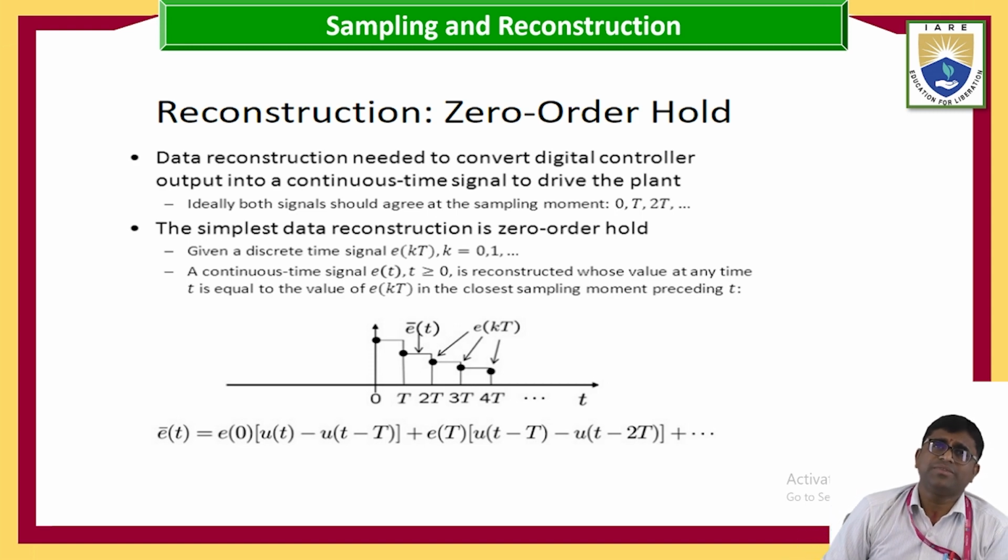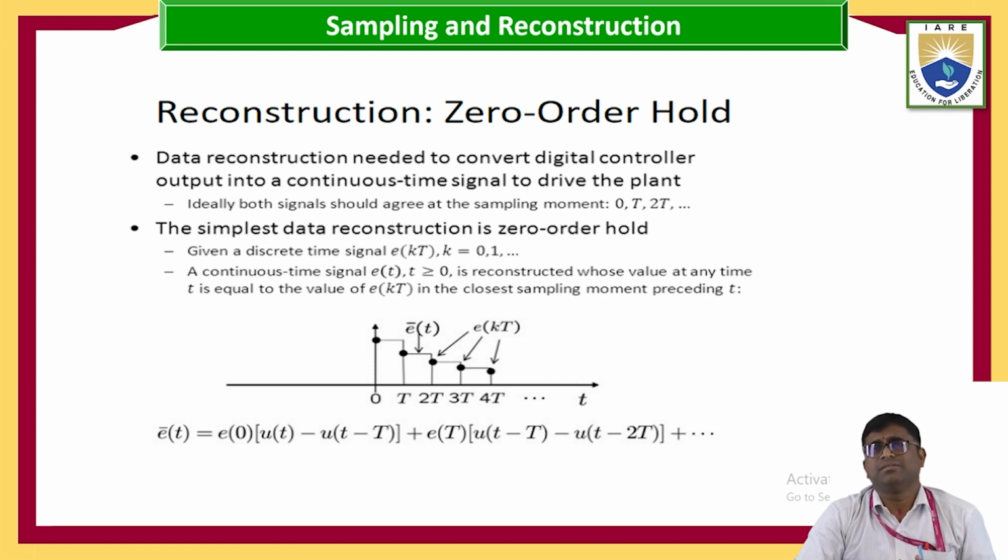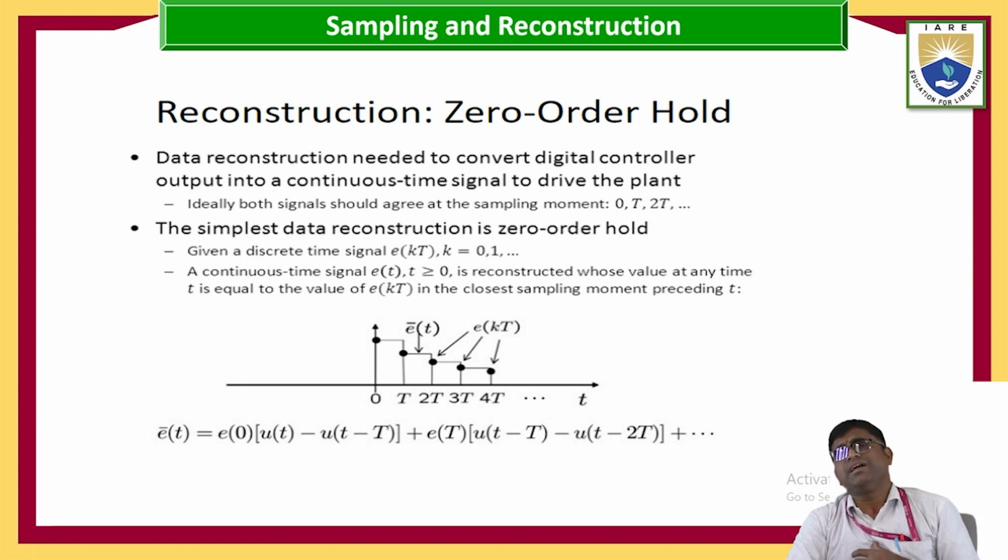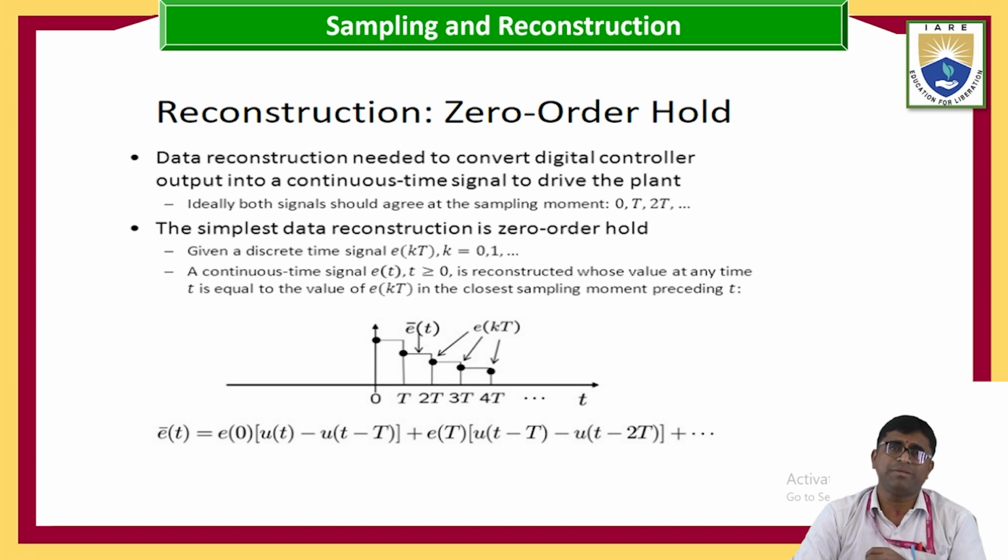Finally, a continuous time signal e(t), where t is greater than or equal to 0, is then going to be reconstructed. Otherwise, the value at any time is going to be equal to the value of e(kT) at the closest sampling moment.